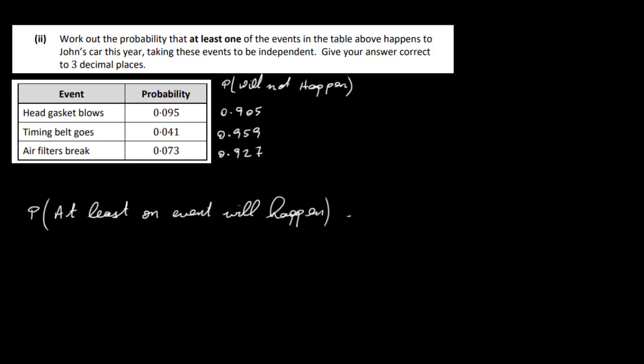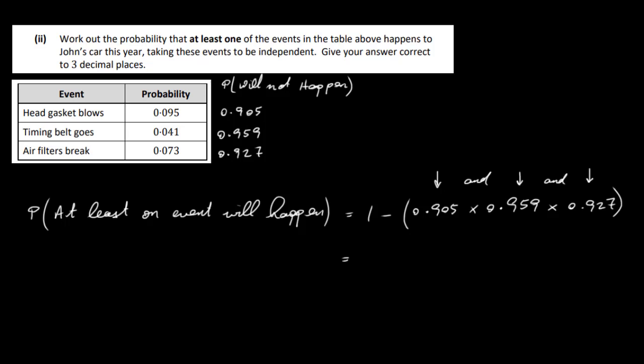That's going to be 1 minus 0.905 times 0.959 times 0.927. So that the head gasket doesn't blow and the timing belt doesn't go and the air filter doesn't break.